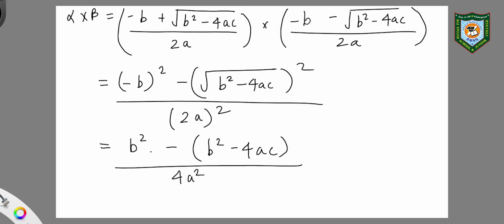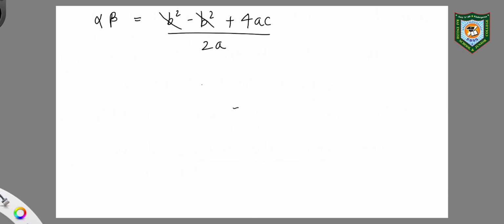So now once I open the bracket, I'll have b square minus b square minus minus is plus, so this becomes plus 4ac divided by 4a square. Here I have alpha beta is equal to b square minus b square plus 4ac divided by 4a square. Now b square minus b square cancels out. I am left with 4ac.